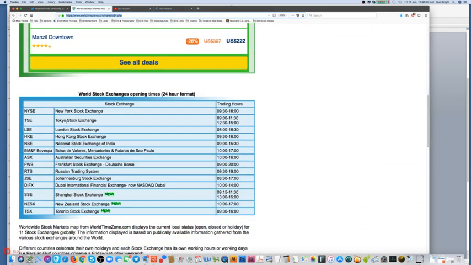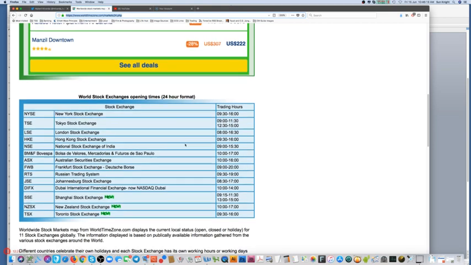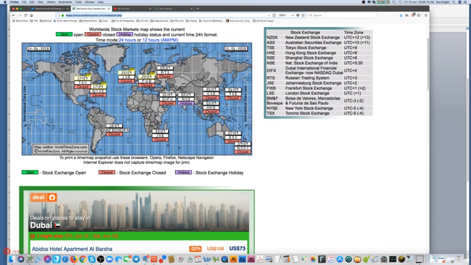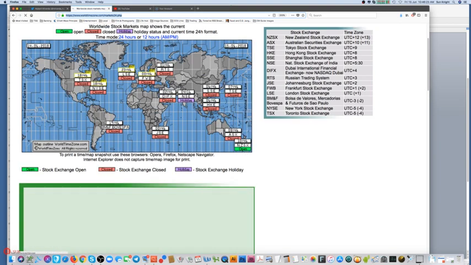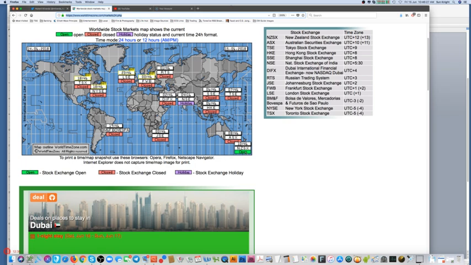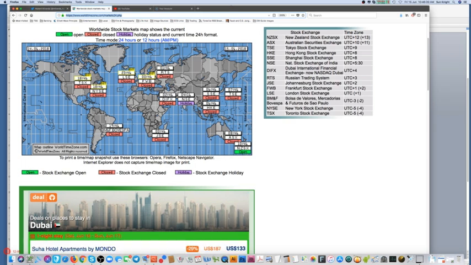You've got a list of them here. They tell you the trading hours when they open, and these labels, once you refresh the page, so if I now refresh, you can see at the moment it says New Zealand Stock Exchange is open, everything else is closed, and that will change throughout the day. So if you're trying to keep track of the session times, this is a really handy website.